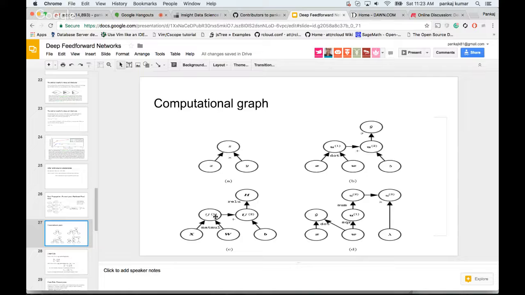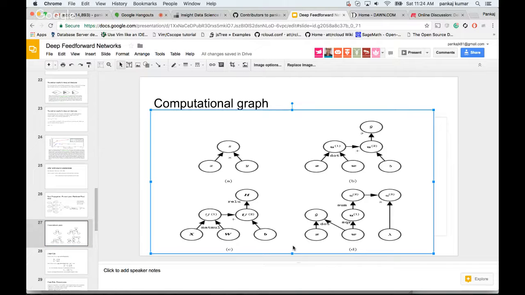C is the same thing for a ReLU. And D just says that in a computational graph there can be multiple outputs. For example, here y bar is one output, and u3 is another output. u3 is modeled as a regularization parameter.